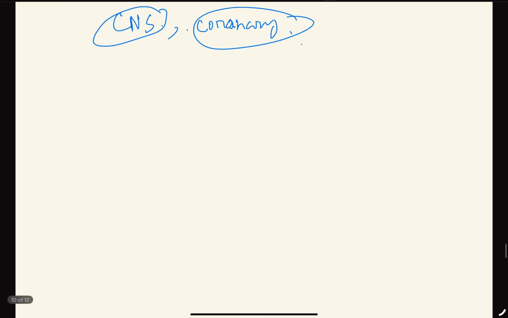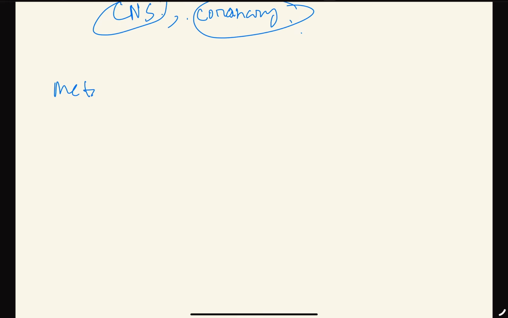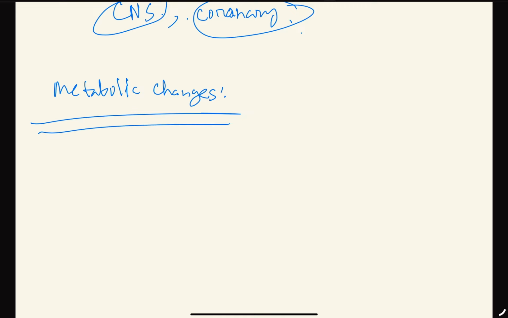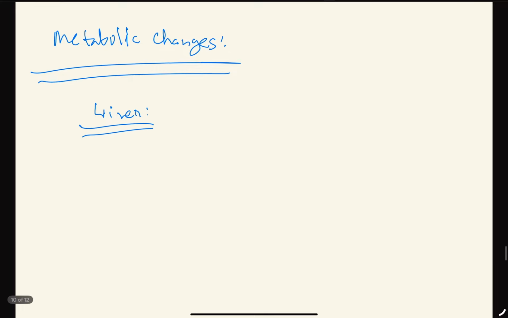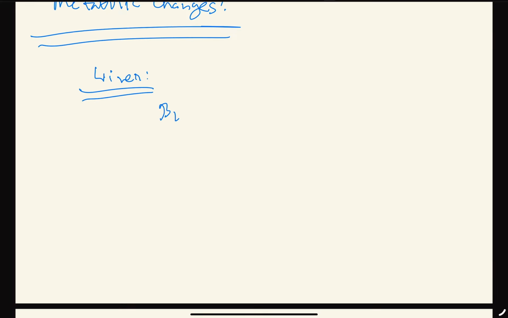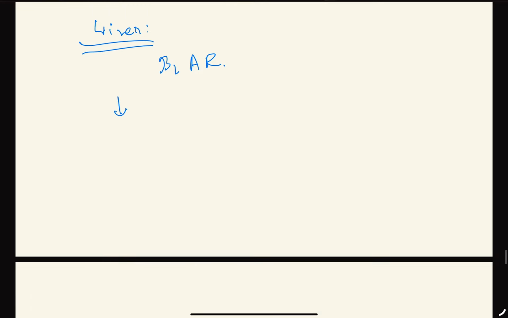So let's talk about the metabolic changes. What happens in liver is there is this beta 2 adrenergic receptor, and it decreases the gluconeogenesis and it decreases the glycolysis.